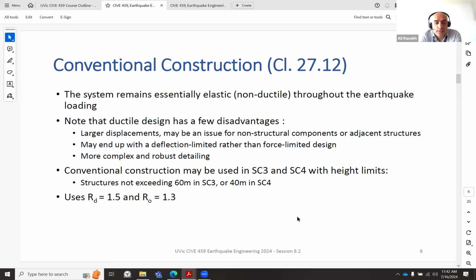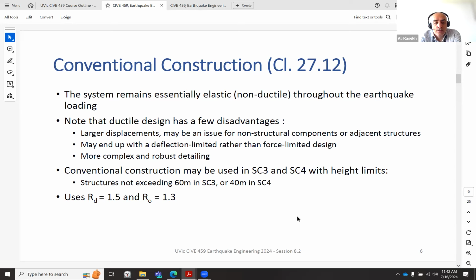Note that ductile design has a few disadvantages, so why don't we always jump into ductile design? Normally, more ductile structures have larger displacements, which might be an issue for non-structural components or adjacent structures.